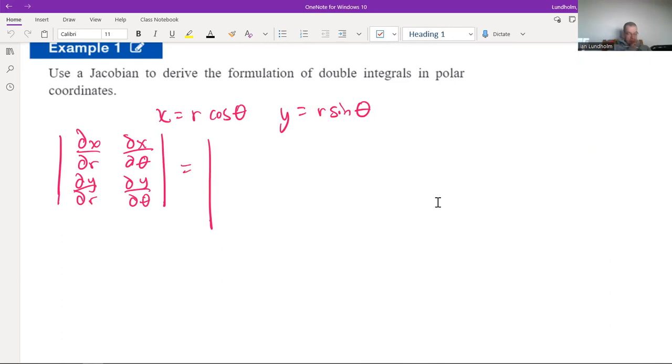And so, if we look at that x equation and we take a derivative with respect to r, we'd just be left with cosine theta. And then if we take the derivative of that x equation with respect to theta, we would have negative r sine theta.